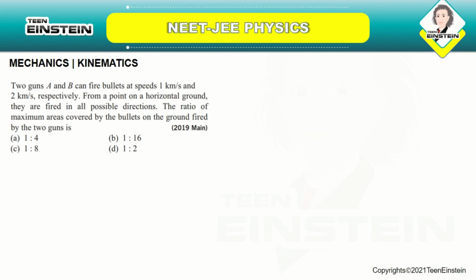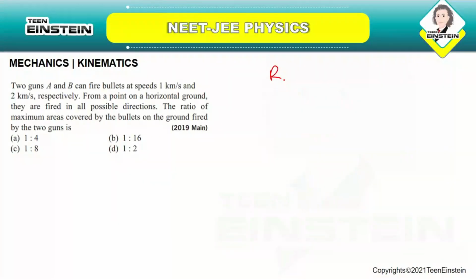Okay. So, at 45 degree, what happens is R1 is equal to U1 square by G, and similarly R2 is equal to U2 square by G. Okay.